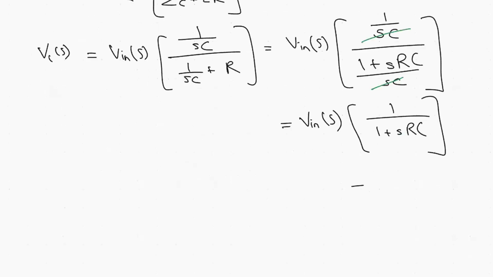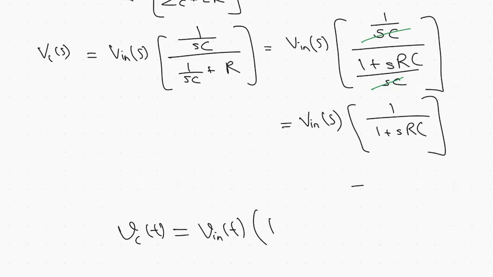And how did we get Vn of t times 1 minus e to the power minus t by RC?